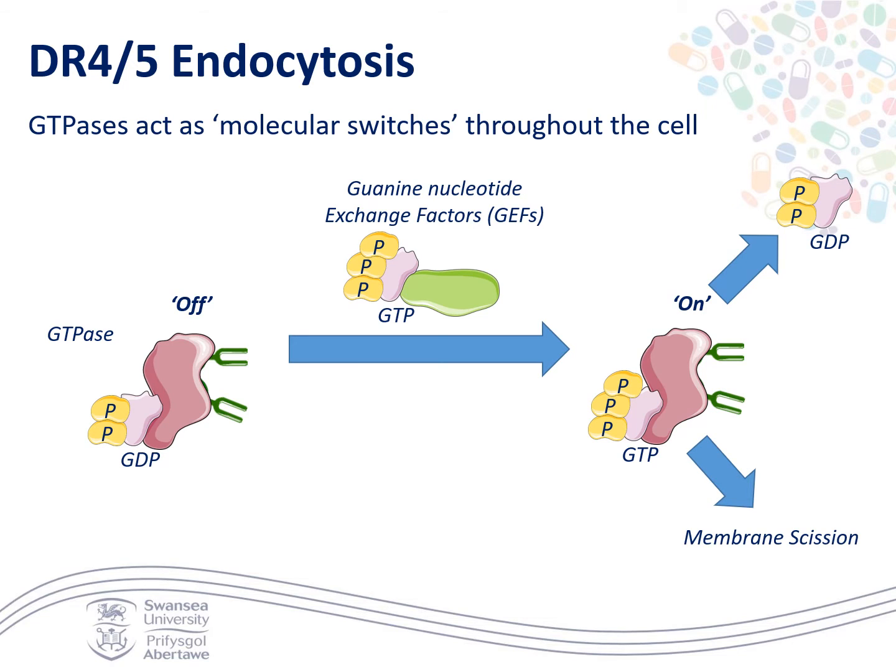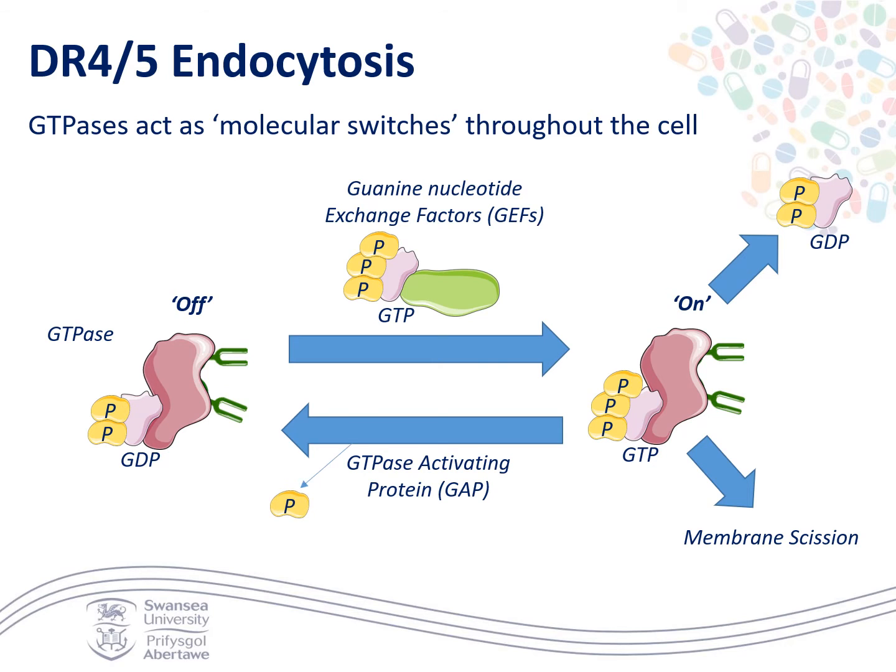For example, in the case of dynamin, resulting in membrane scission. Now, these GTPases may have constitutive activation to begin to break down the GTP to GDP, or this can be promoted through GTPase activating proteins, or GAPs, which promote the conversion of GTP back to GDP, and this then switches the cellular GTPase back off.